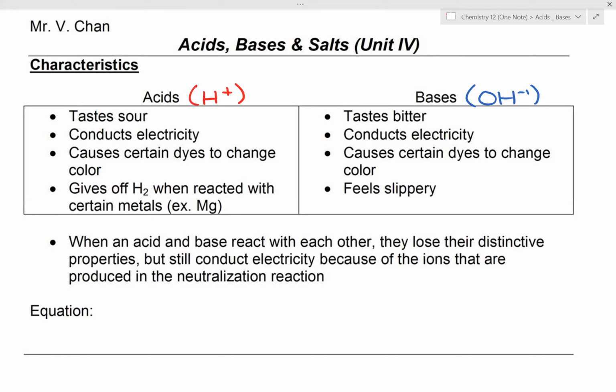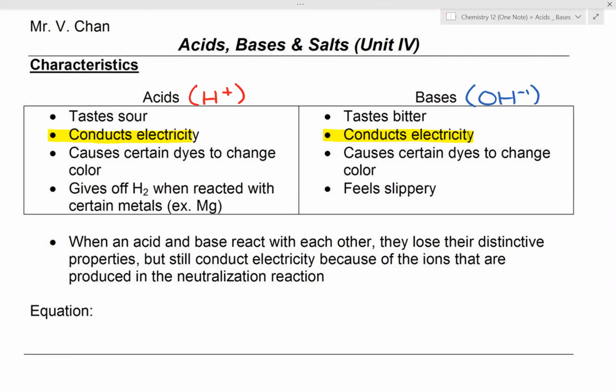Acids taste sour, conduct electricity, and give off hydrogen gas, while bases taste bitter, feel slippery, and also conduct electricity. So one commonality between acids and bases is that both conduct electricity, and that's because of the presence of either the H plus ions or the OH minus 1 ions.